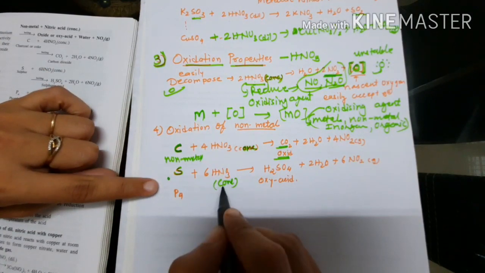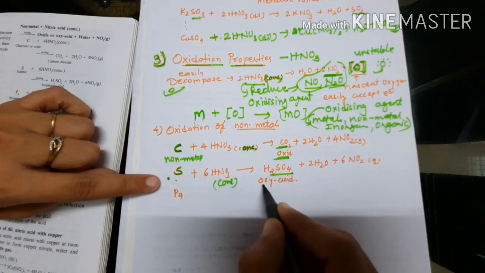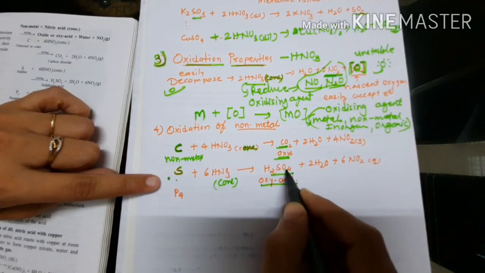When concentrated HNO3 reacts with sulfur, it converts into H2SO4, which is called an oxy acid.